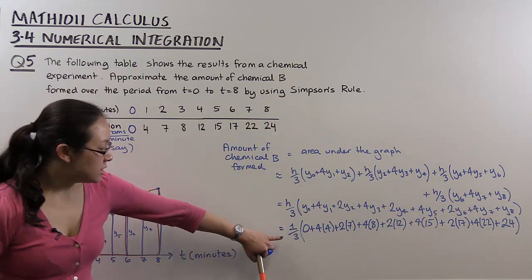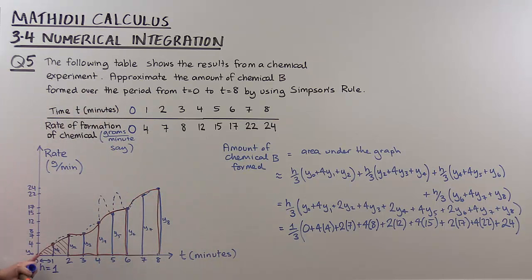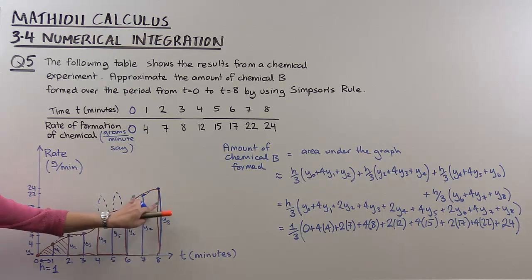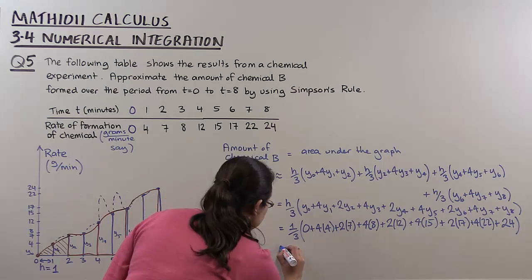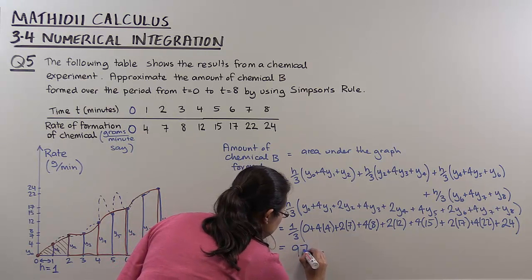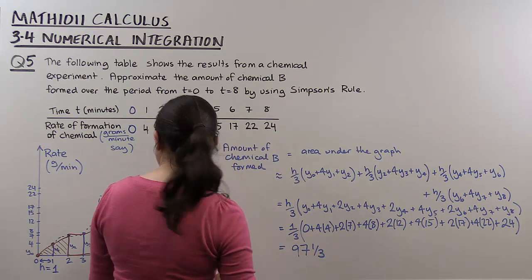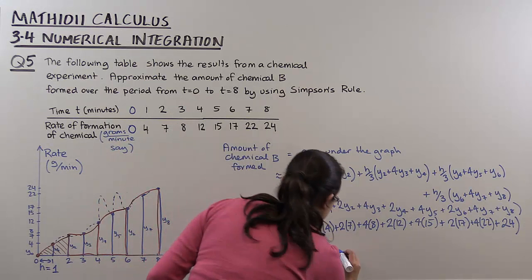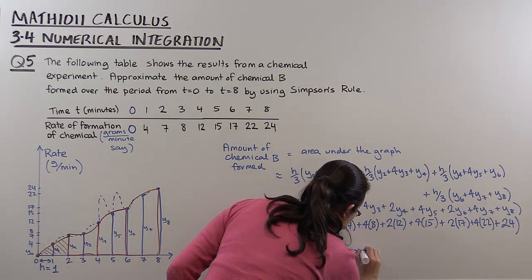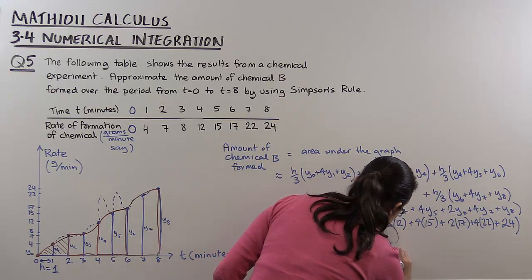So the area under the graph is approximately this, and that's using parabolas in each of these sections of 2 subintervals to approximate the area. And that value is 97 and 1/3. And if we were in grams per minute there, then this would have been grams of chemical B.